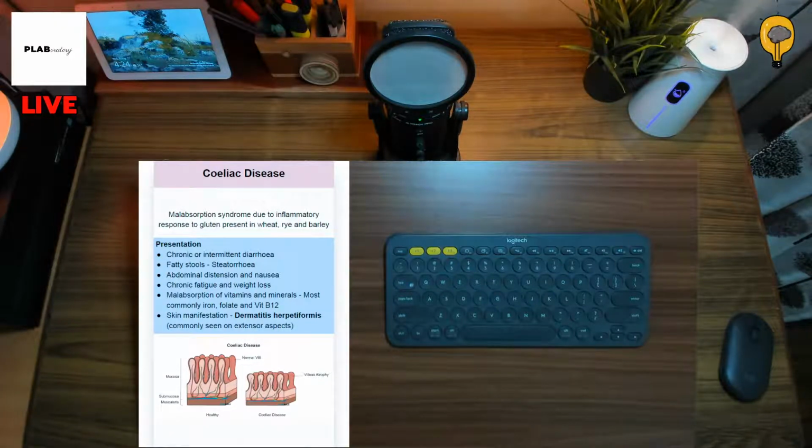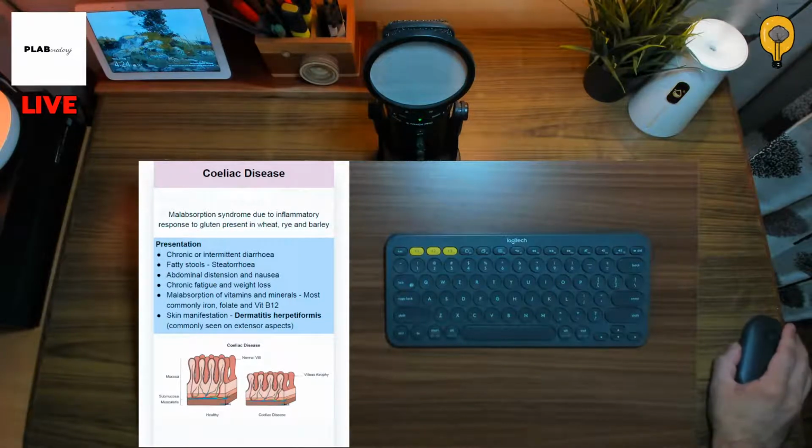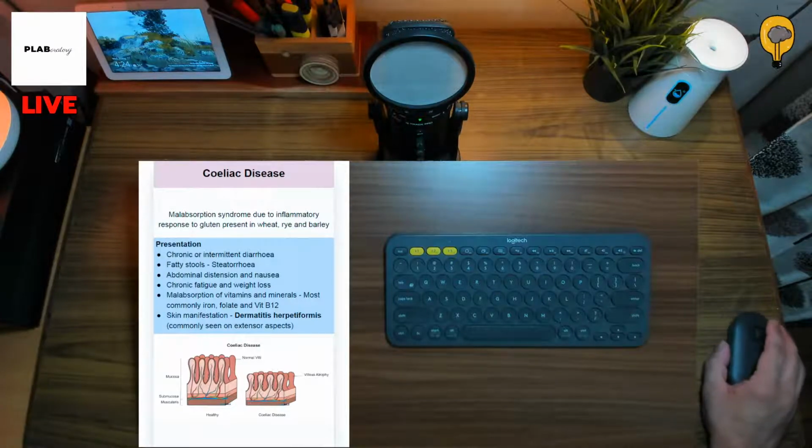Second are endomysial antibody, that is IgA antibody. So specific autoantibodies are TTG antibodies, that is tissue transglutaminase antibody, IgA type, first choice. Second, endomysial antibody, IgA type.